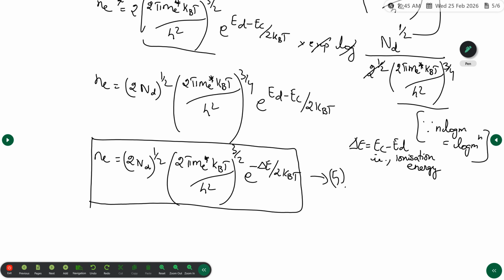So NH is equal to ND into 1 minus f of ED. 1 minus f of E says the probability of finding the holes, that is a positive charge, whereas f of E says about the electron. Equating both, finally we got the Fermi energy. Then after Fermi energy, the next is the carrier concentration in terms of ND. That is the final result here.